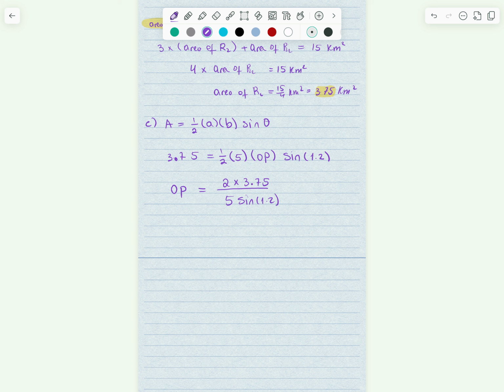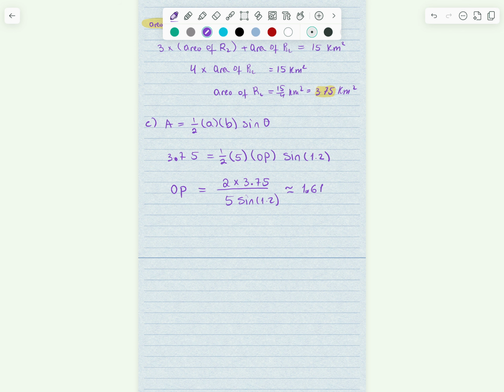You should have your calculator set to radians before you plug this in. It's not an arc sine. That is going to be approximately 1.61 for OP.